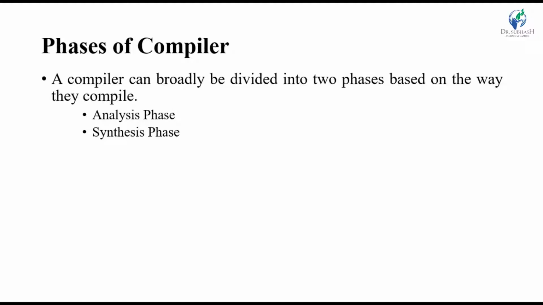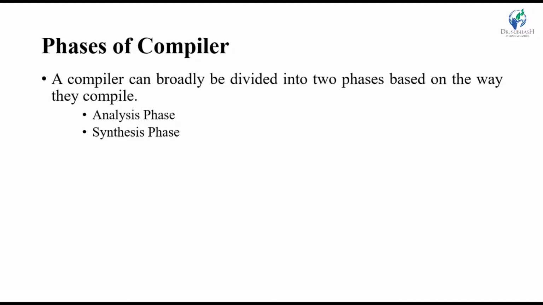Up to this point we have treated a compiler as a single box that maps a source program into semantically equivalent target program. But if we open up this box, we see that there are two parts to this mapping.